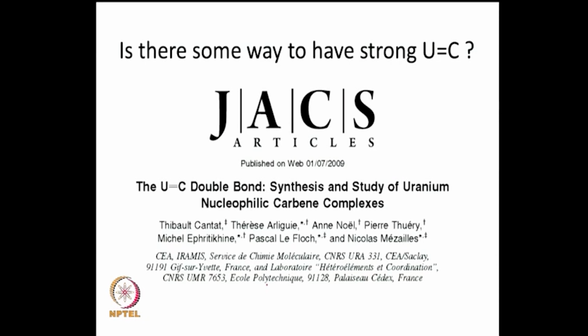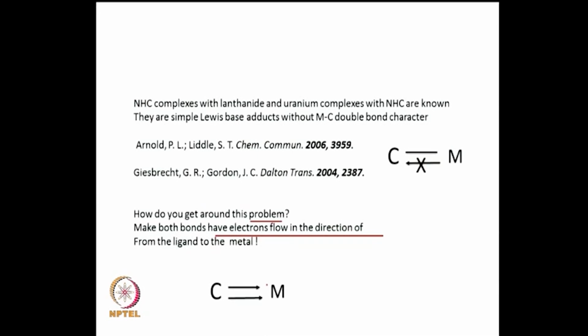That is because it has already exhausted all its valence electrons, and so there would be no electron density on the uranium to form a double bond. So, recently in 2009, a molecule has been synthesized where you have a uranium carbon double bond, and this has been achieved by using a particular trick, and that is as follows.